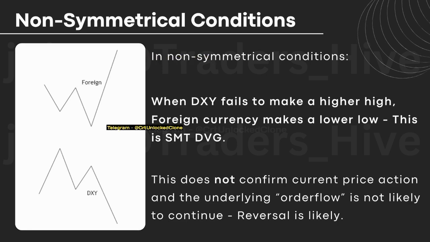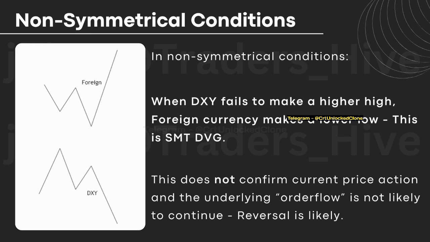If DXY failed to make a higher high, then the foreign currency should have also failed to make a lower low to continue the symmetry, but it did not, right? Because it made a lower low and showed a discrepancy, which suggests that the underlying market condition is non-symmetrical, right?